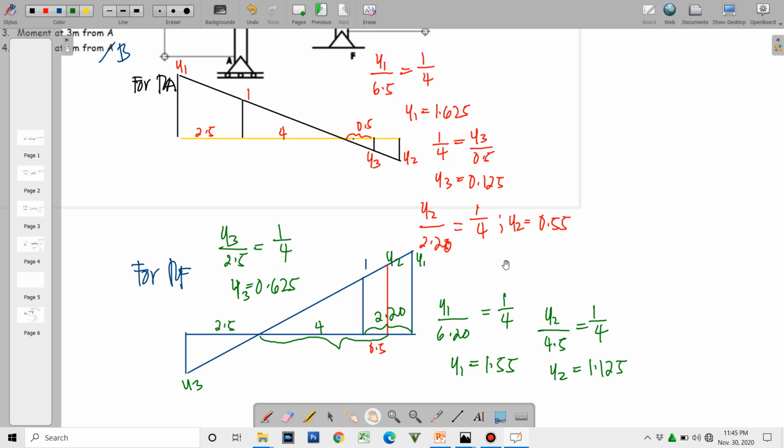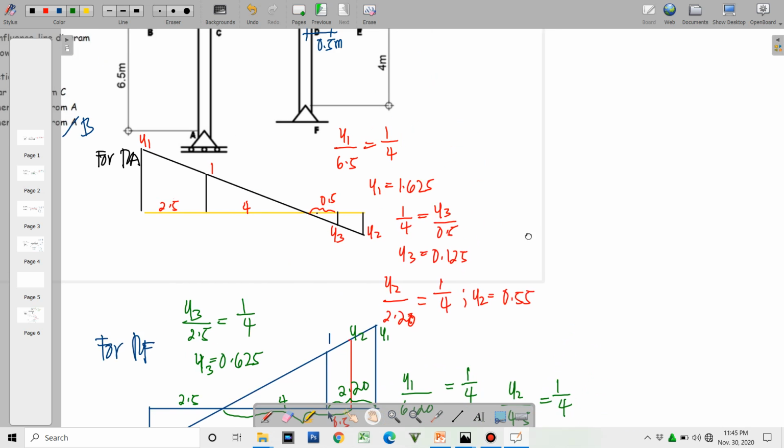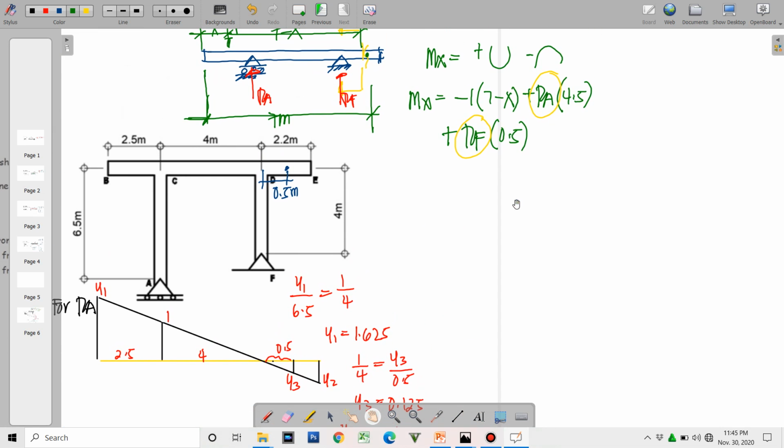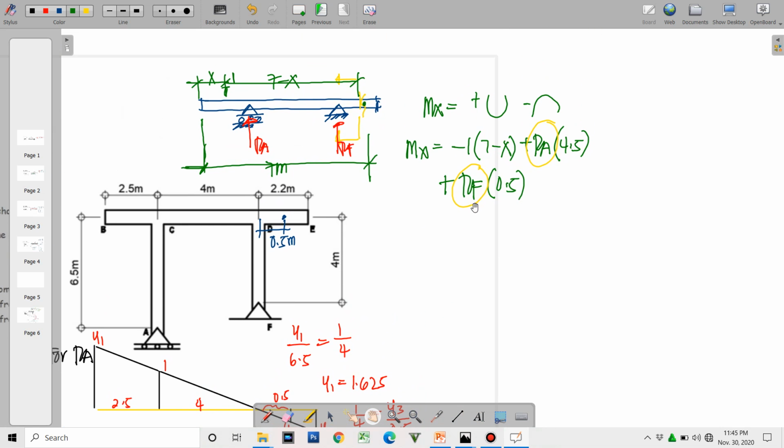Okay, so we will be using that in tabulating this equation. So what you do is to enter this in your calculator and then just change the values.